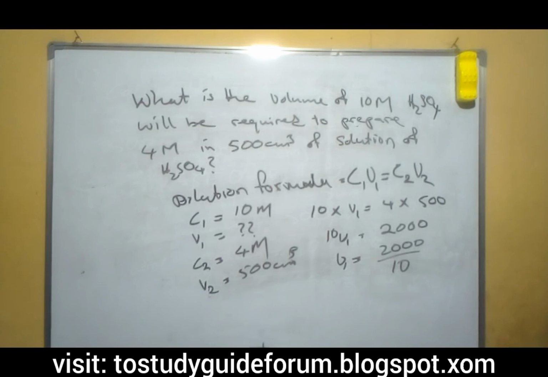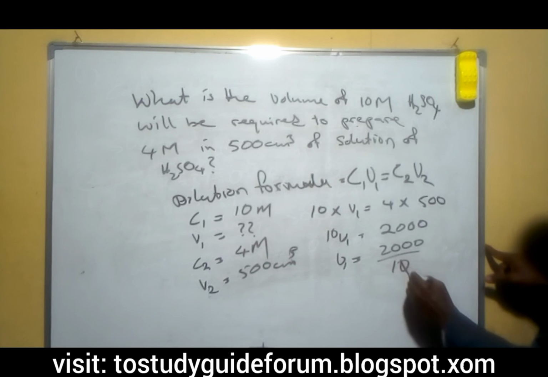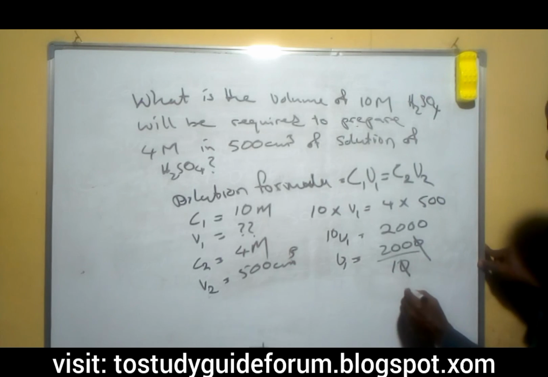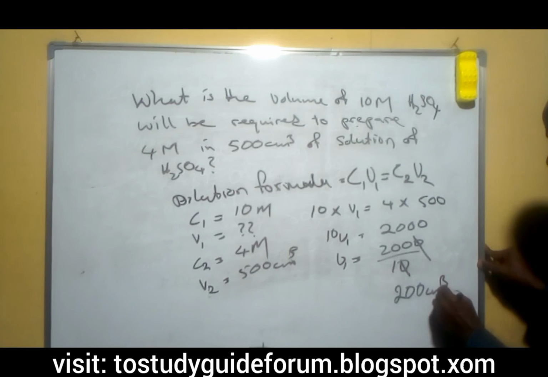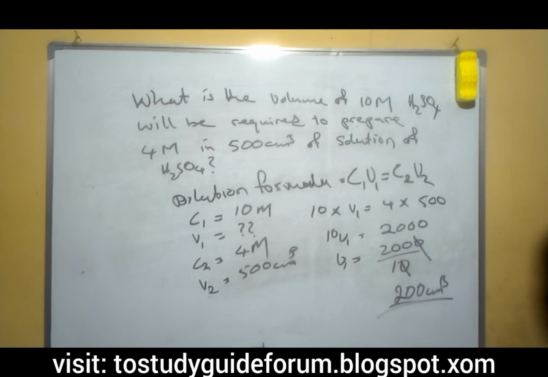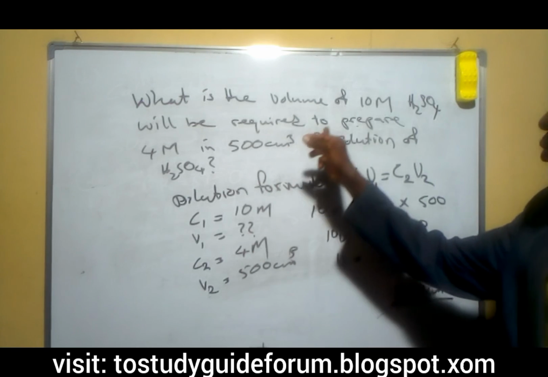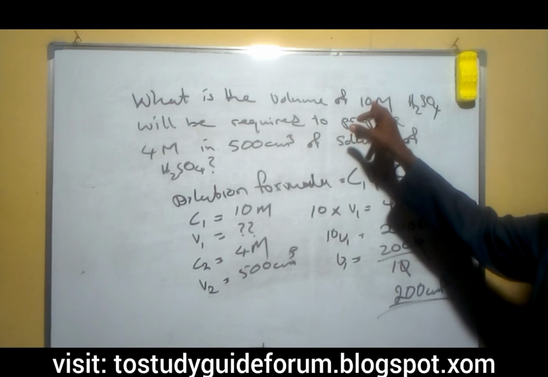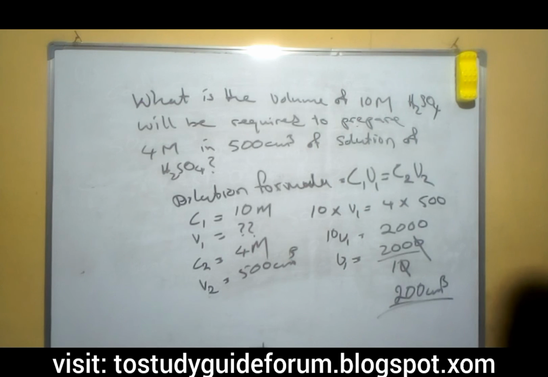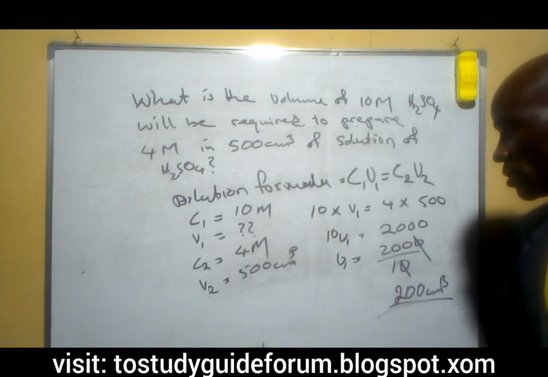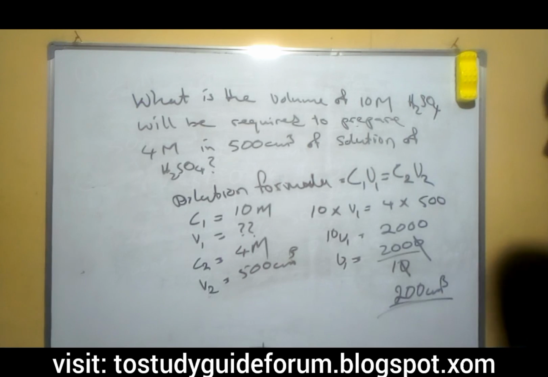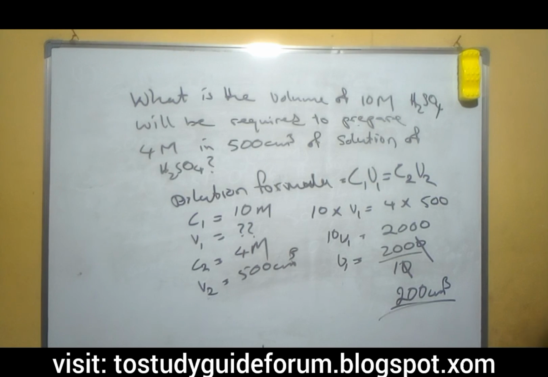So in this case, this can cancel out. That means the volume required should be 200 cm cube. That is, the volume of this one we require to give us this in 500 cm cube should be 200 cm cube.